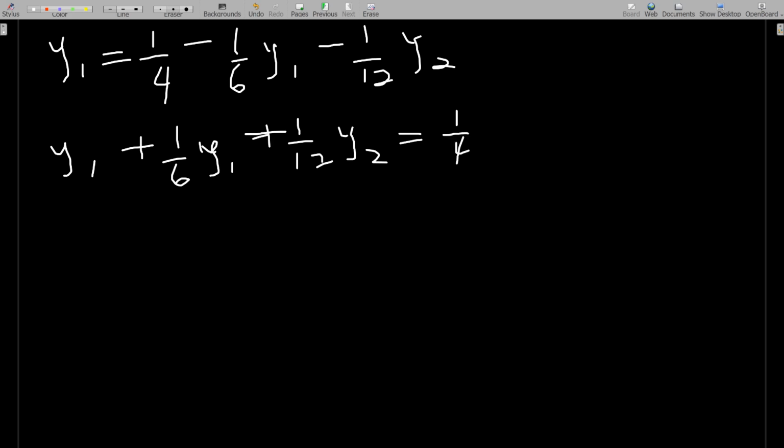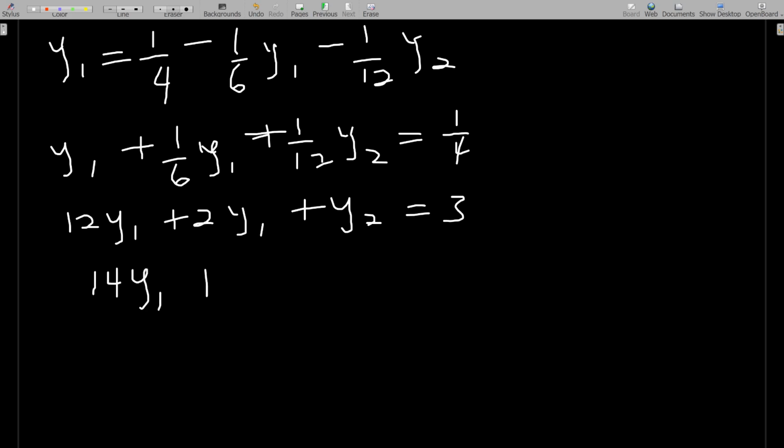So here the LCM is 12, so I multiply through by 12. I have 12 y1 plus 2 y1, okay, plus y2 is equal to 3. I hope you understand this. So you add terms. I have 14 y1 plus y2 is equal to 3. I hope I'm cool here. Yes, and this will give me equation 2, okay.